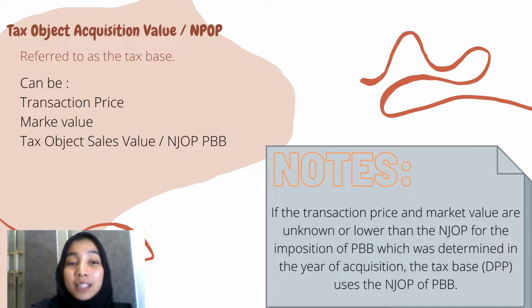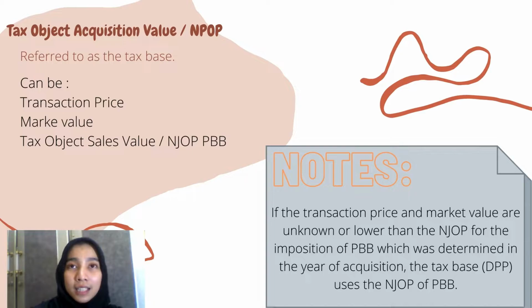Okay, next I will explain about the tax object acquisition value, or NPOP. The NPOP is the tax base to determine land and building title transfer duty.